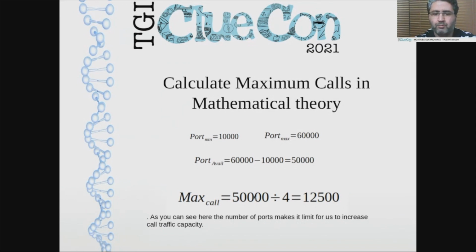In the maximum situation, we divide by 4, so we have 12,500 concurrent calls at maximum in mathematical theory. As you can see here, the number of ports limits our ability to increase call traffic capacity. It's not too big.